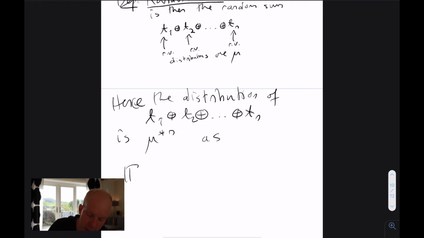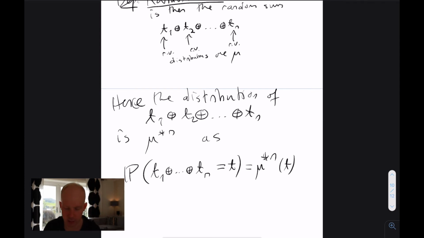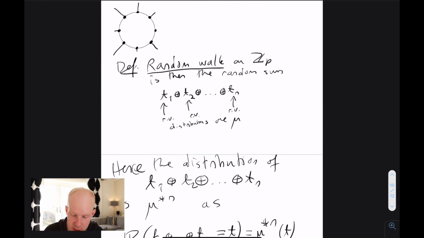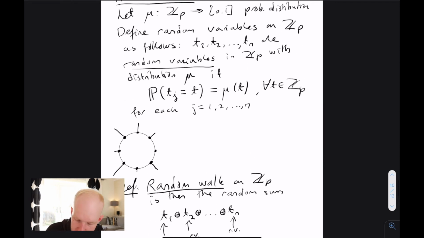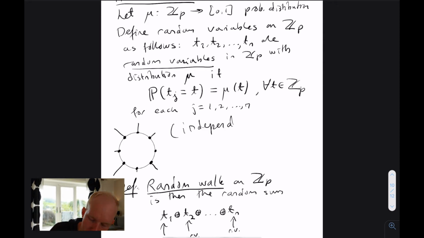If you compute the probability that T1 plus up to Tn is equal to some value t, then this is equal to mu star n at the point t. But here, I'm assuming these are independent choices. So you could say that these choices that you make are independent of each other.